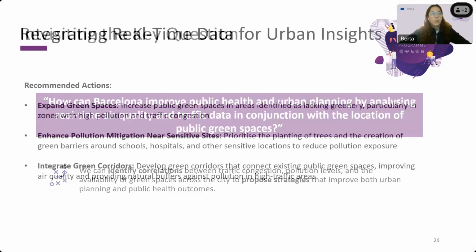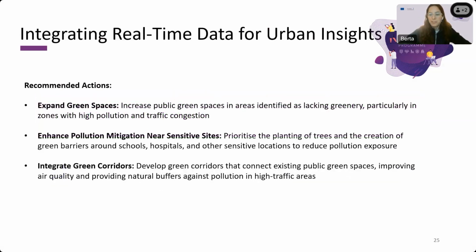Now, after the analysis, we can propose some recommendations for the public administration, maybe for the Barcelona municipality. If we have detected, by adding a new green spaces layer, that some areas have high pollution levels and high traffic, we can, for example, expand the green spaces, increasing the number of public green spaces, especially in the zones identified as having limited greenery and significant traffic congestion.